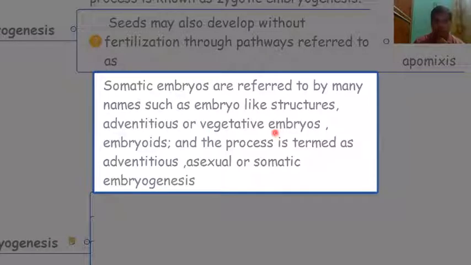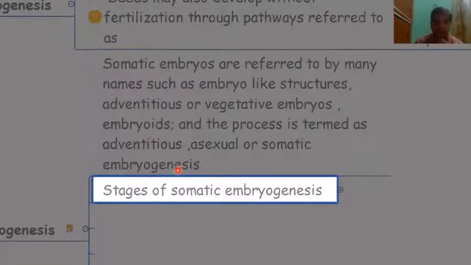Wherever you find these terms in place of somatic embryos, you should mark them correct, because all these names are given to somatic embryos, whether adventitious embryo, vegetative embryo, or sometimes embryoids. And the process is equally named adventitious, asexual or somatic embryogenesis.